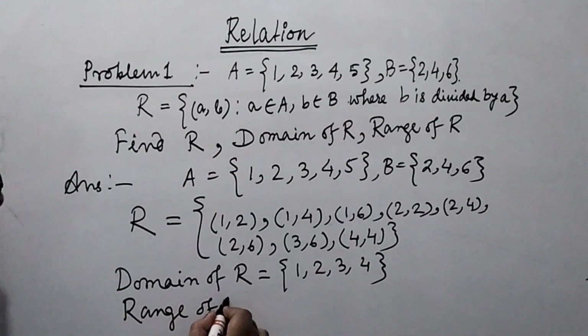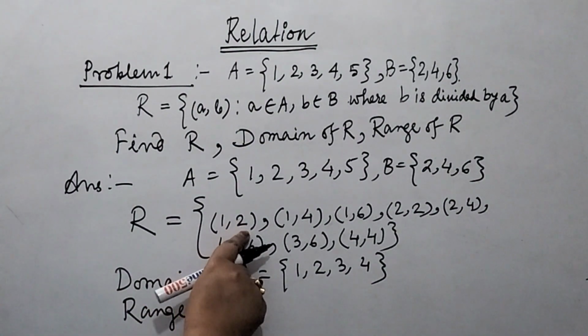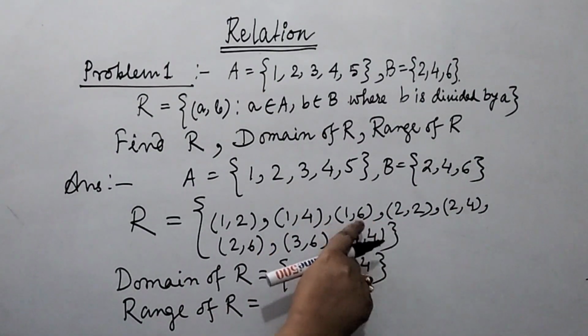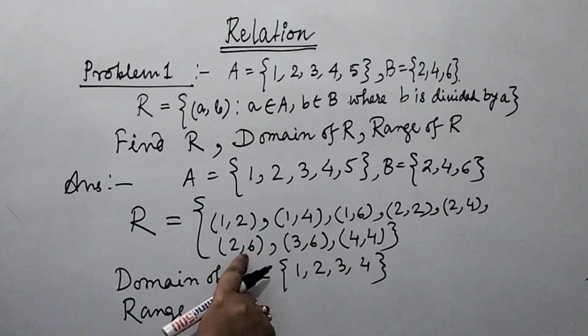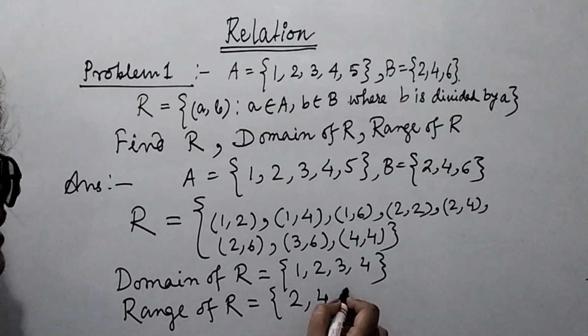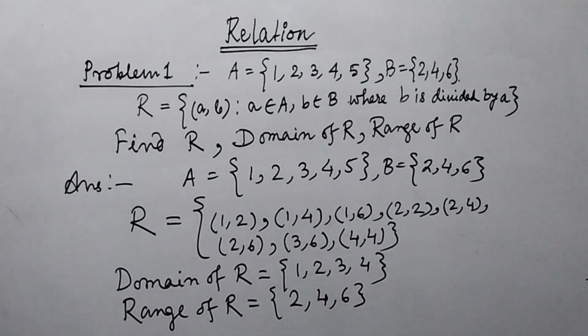As we know, it is the set of all second elements. So here we get 2, then 4, then 6. These three elements will be contained in the range of R. So thus we can build up R, the domain of R as well as the range of R.